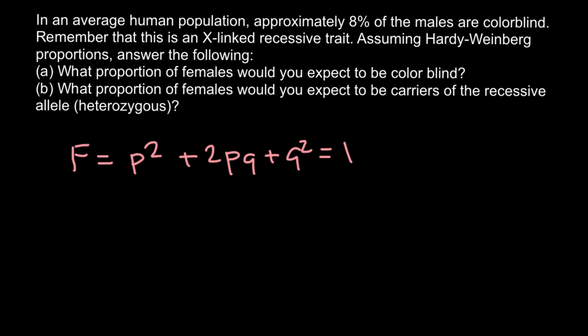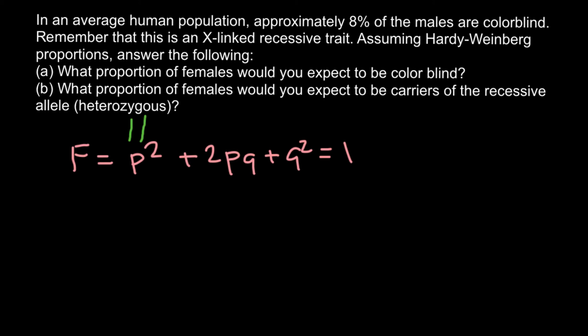In this formula, p squared stands for the homozygous dominant normal genotype. Females belonging to this genotype would have two normal X chromosomes.